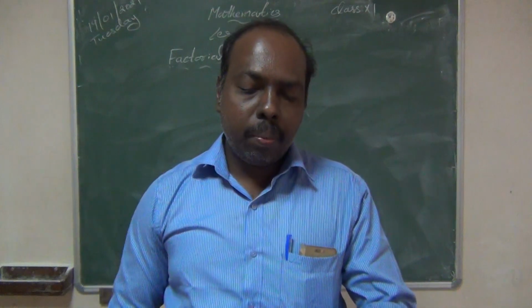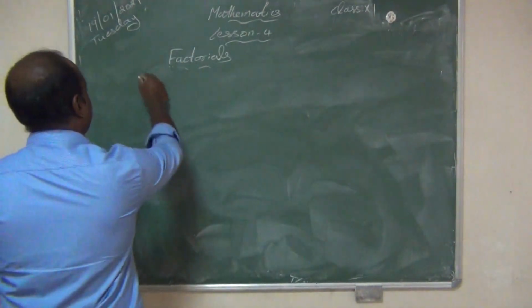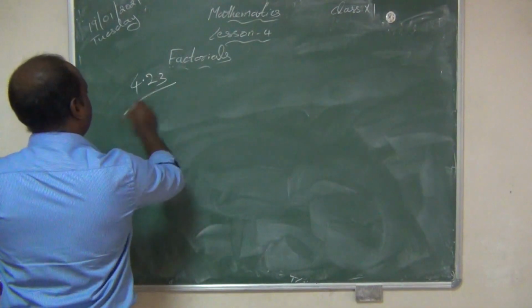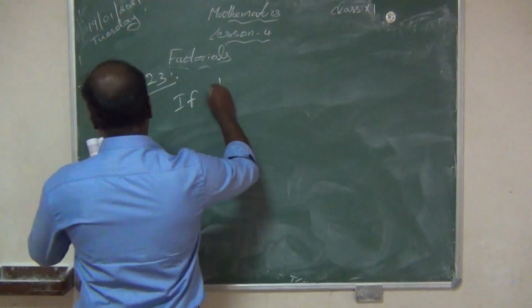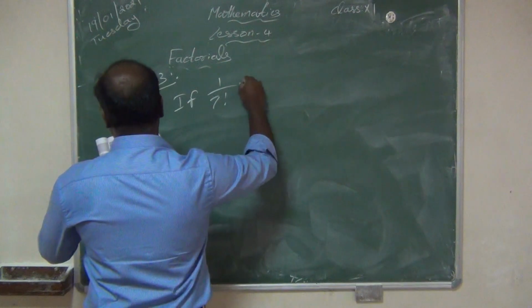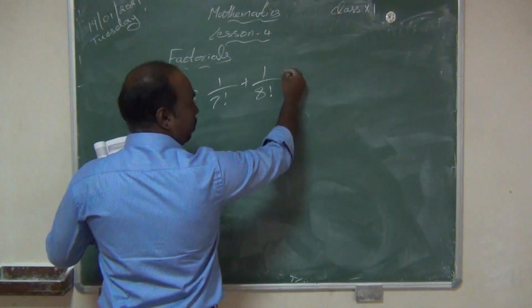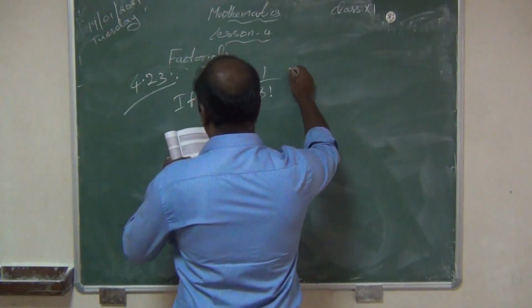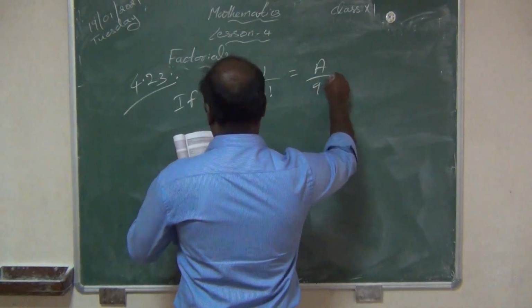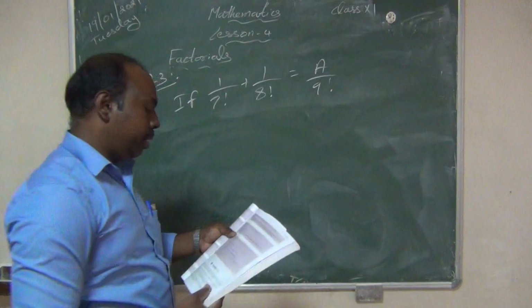Next, example 4.23. 1 by 7 factorial plus 1 by 8 factorial equals a by 9 factorial. Find the value of a.